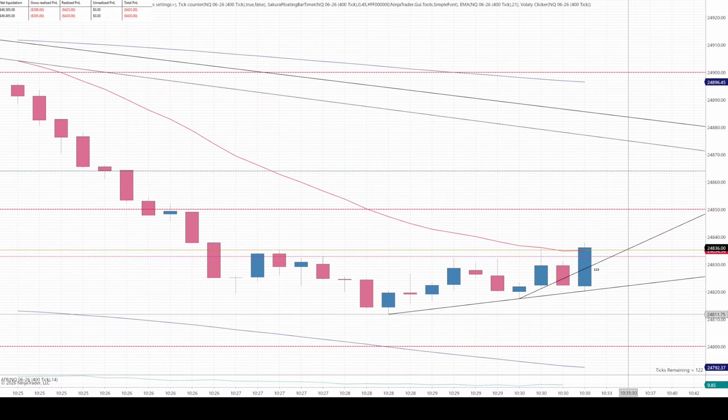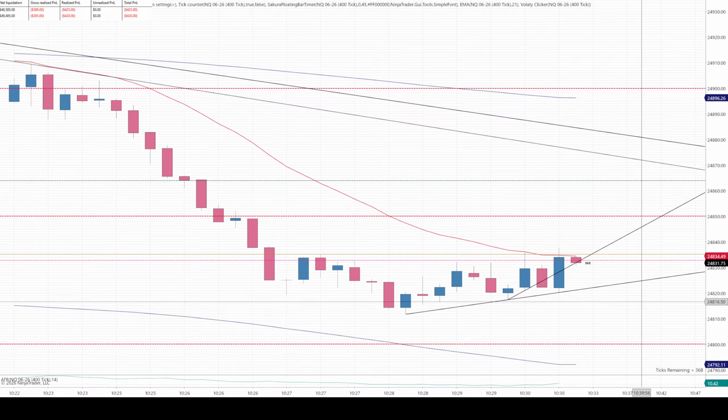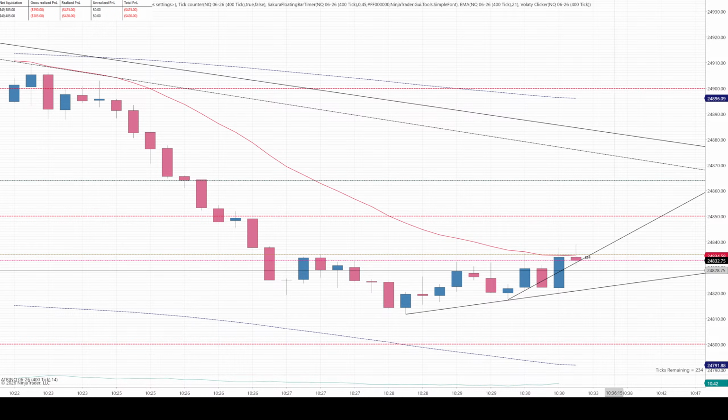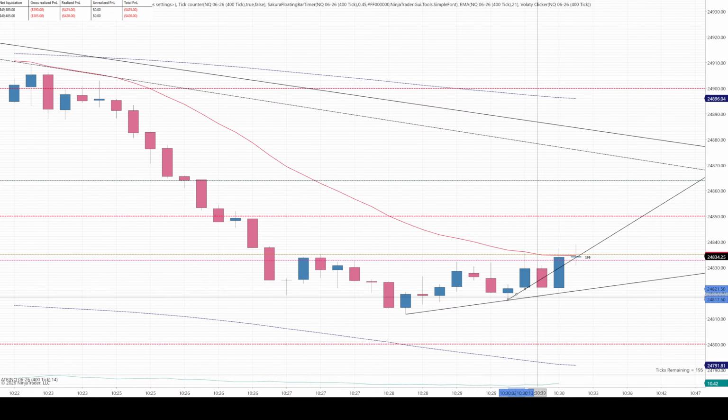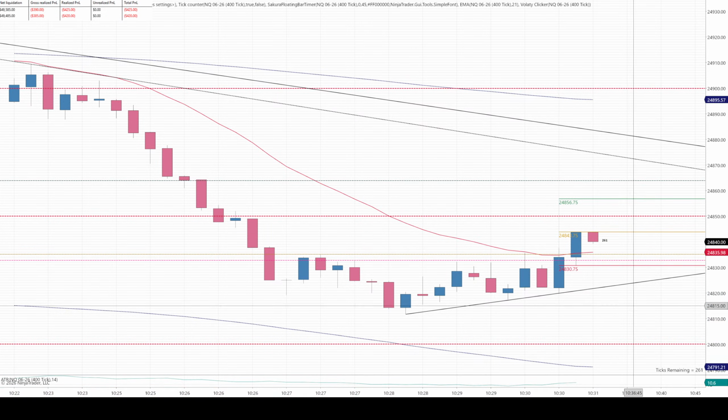Okay, this is looking bullish here, maybe. This one is going to be bullish if it goes up, but we don't have room. We have 850 in the way.